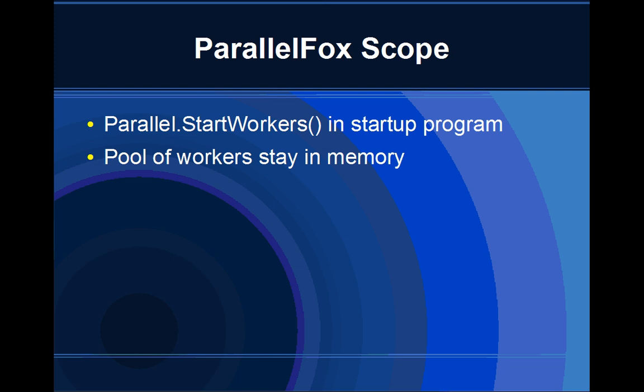You're not going to want to be starting up FoxPro every time you want to run code in parallel, because that would be a pretty big hit on performance. So that's the general pattern that you see out there. Start up your workers, keep them in memory, run code on those workers as you need to.